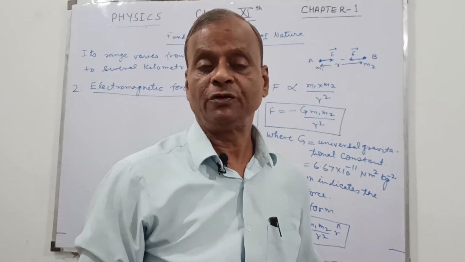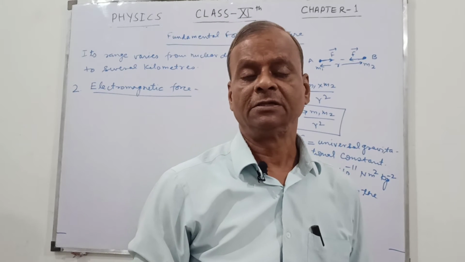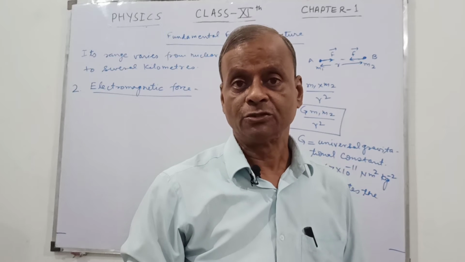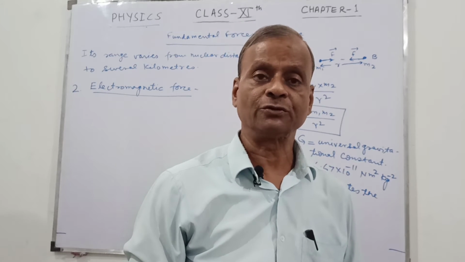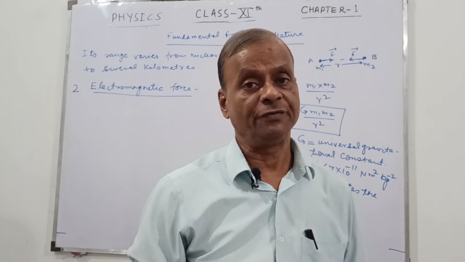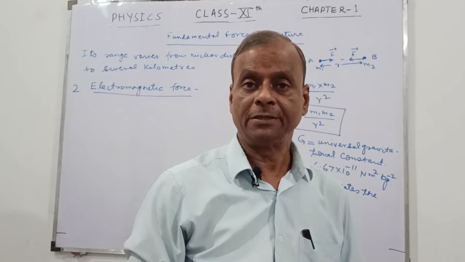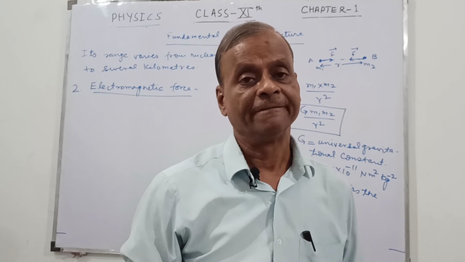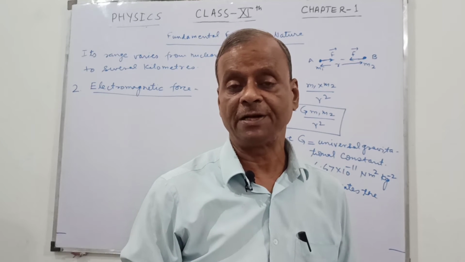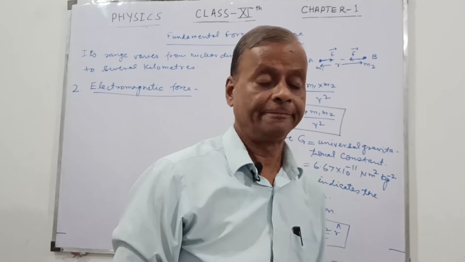Whether it is moving uniformly or accelerated, the electric and magnetic fields are produced simultaneously. Because of that we have a force called the electromagnetic force. These forces are always together and they cannot be separated from each other when the charged particle is moving.